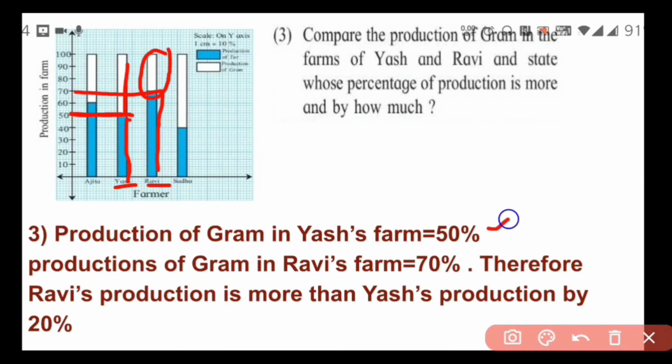The production of gram in Ravi's farm is 30%. So 50 minus 30, therefore Yash's production is more than Ravi's production, and it is more by 20%. In this way we have to write the answer for the third question. Compare the bars carefully and write the answers.